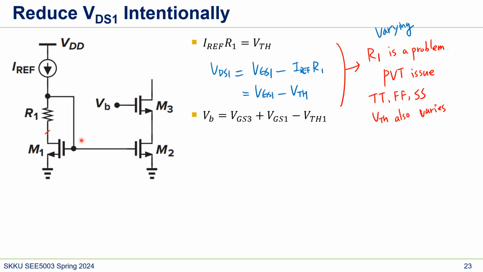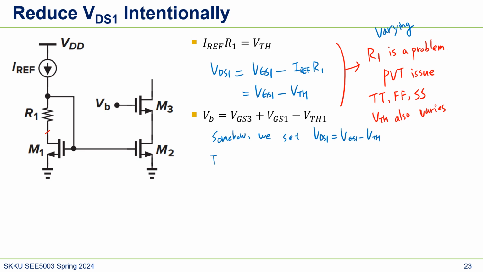So let's assume that we somehow set VDS1 as VGS1 minus VTH. Just assume that.